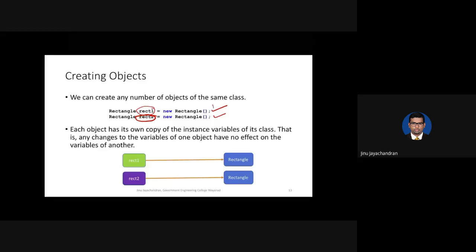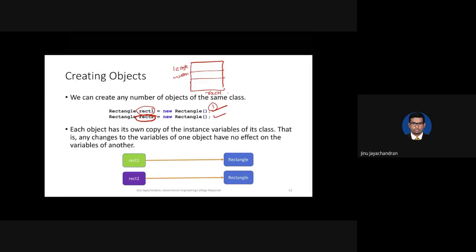When you do the first step, that is rect1, it will create a memory. Let's say the name of the memory is rect1. It will put the fields length, width, etc. in this memory.